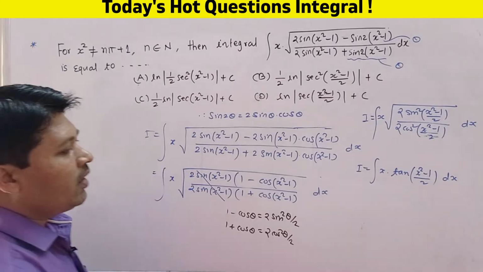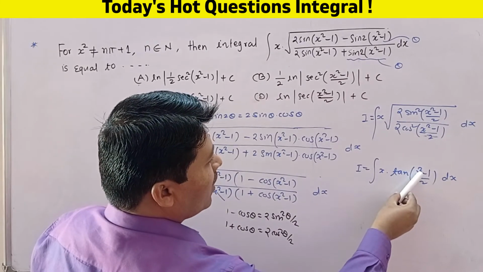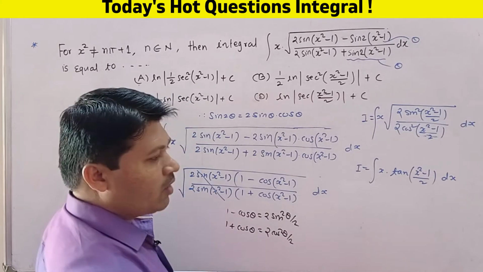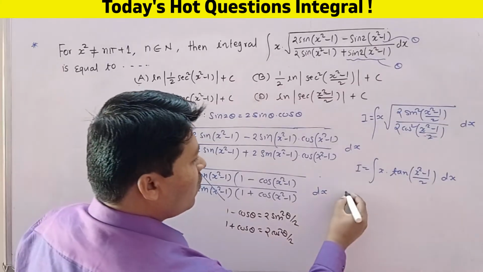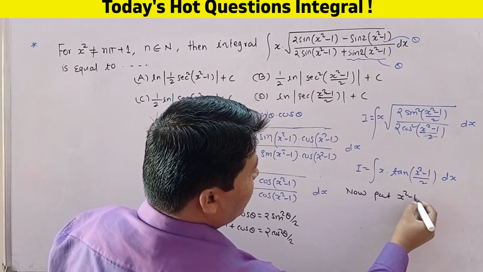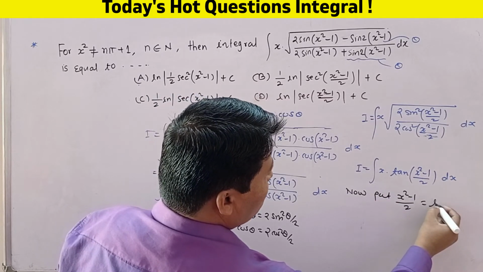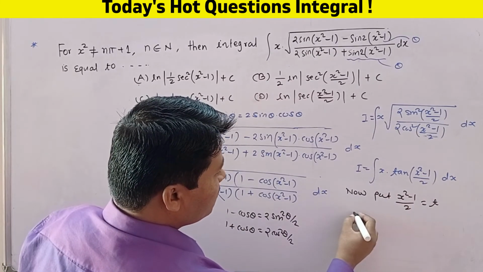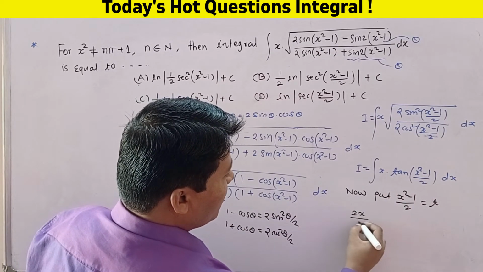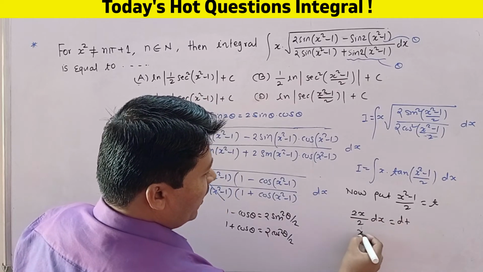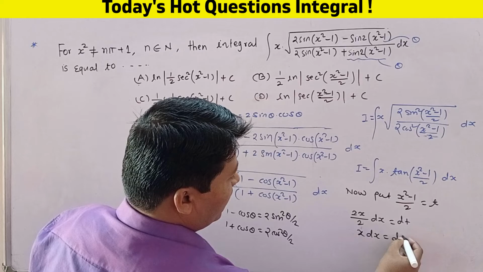Here we can substitute, since the derivative of (x squared minus 1)/2 gives x. Put (x squared minus 1)/2 equal to t, so 2x/2 dx is equal to dt, therefore x dx is equal to dt.